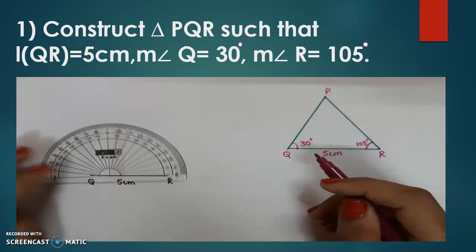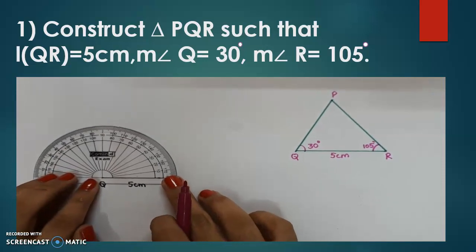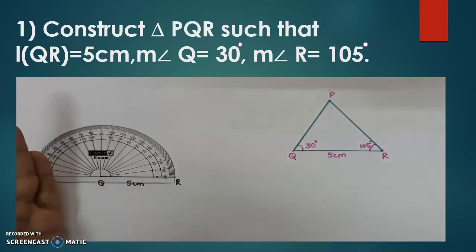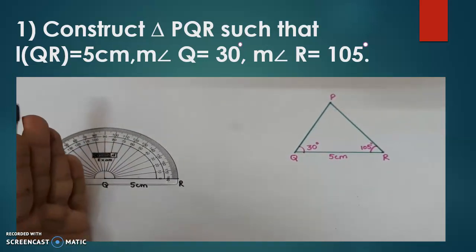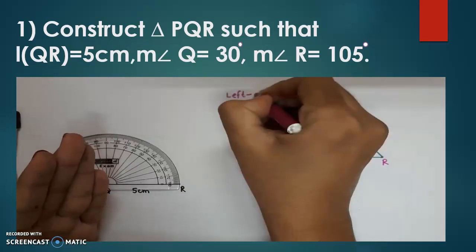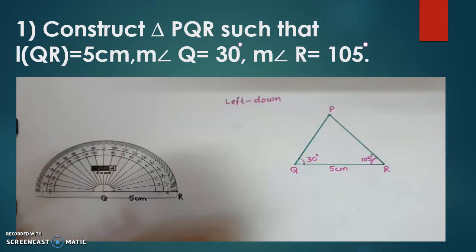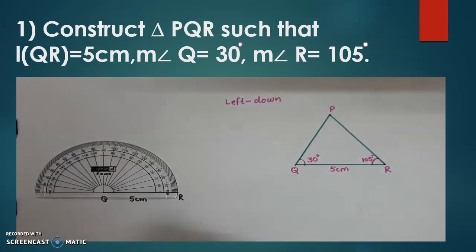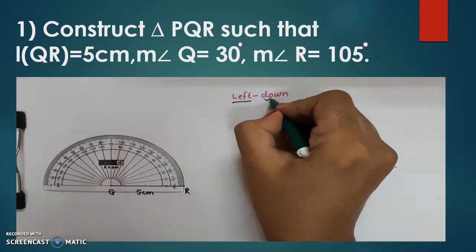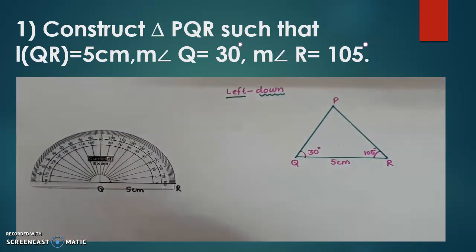Now we will use the protractor to construct this angle. We will arrange our protractor properly. Now we will see point Q is towards which hand side? Left hand side. I have explained that left means we have to see the numbers which are shown down. My Q is towards the left hand side, so I will see the numbers which are shown down.